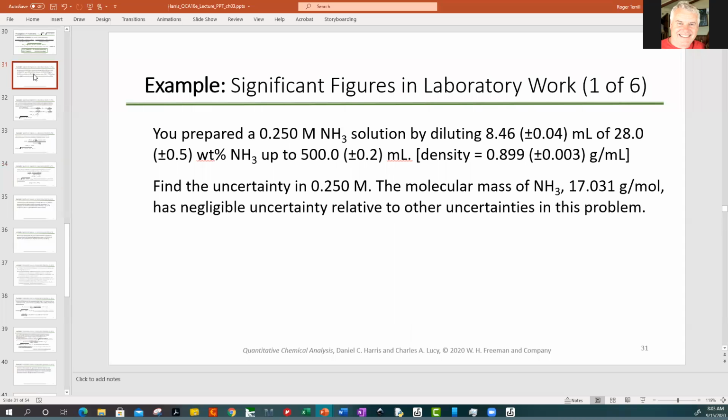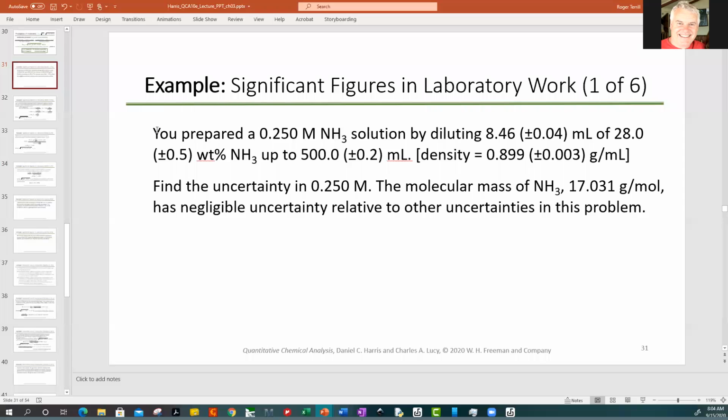I'm back. What we're working on is computing the random uncertainty of a solution, given a bunch of random uncertainties in the ingredients for this calculation, right?